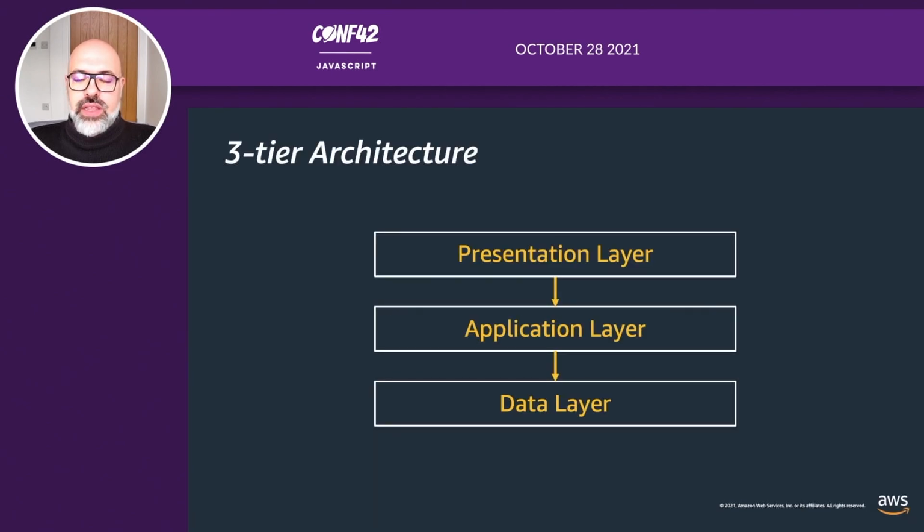And I believe that everyone at least once has had to deal with a three-tier architecture. And usually what happens in a three-tier architecture after a while is that the presentation layer and the data layer start to leak into the application layer. So the lines between these three layers become a bit blurry.